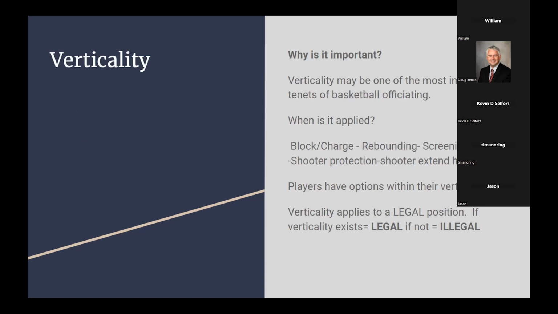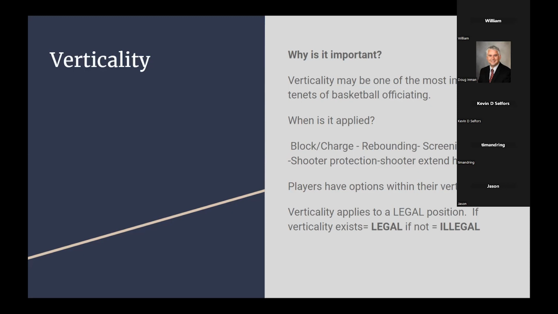So if I'm legally guarding you and I'm 2 feet down, torso facing, and now I can move laterally or obliquely with you, I am still in legal guarding position until you get head and shoulders past me. Okay, so I have verticality, you have verticality. So once you're head and shoulders past me, now if there's any contact, the onus is on me, the defender. So that helps us make that decision really easy.